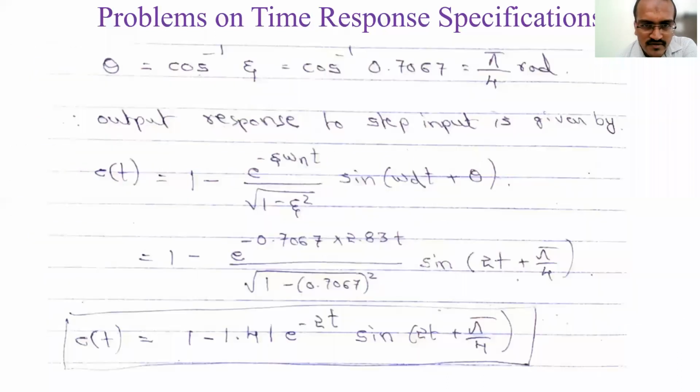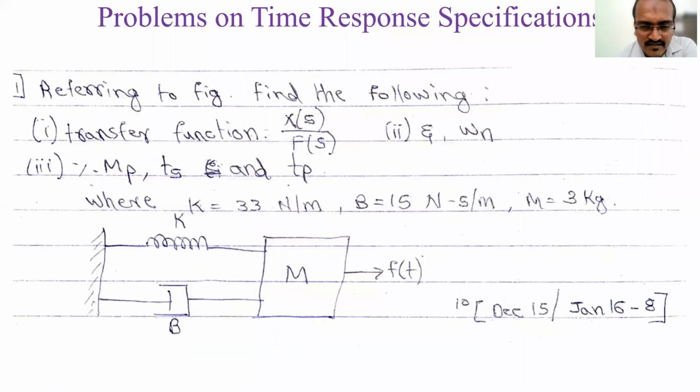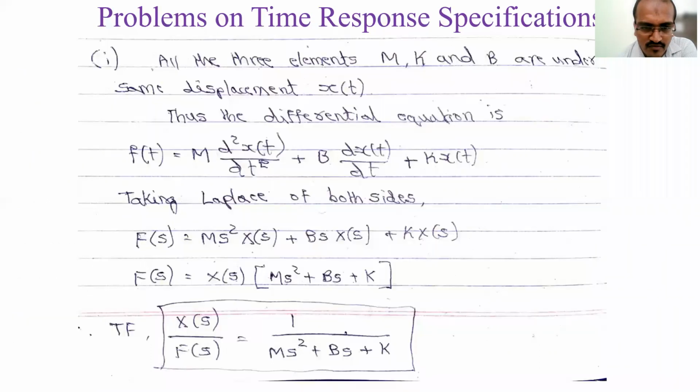Similarly, for the second problem, we have taken a mechanical system. From this you have to write a differential equation. From that you have to derive the transfer function, and then zeta, omega n and the time response specifications. So this is the second variety of problem we have seen. Then the third one, there is a control system block diagram.